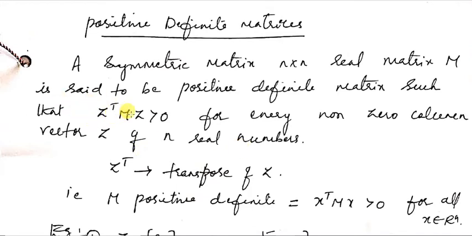So a symmetric matrix of order n cross n is said to be positive definite if it is expressed as the product of factorization, that is Z transpose MZ. This factorization should be greater than 0. Then we say that M is a positive definite matrix.